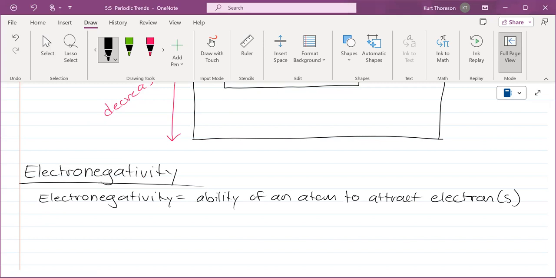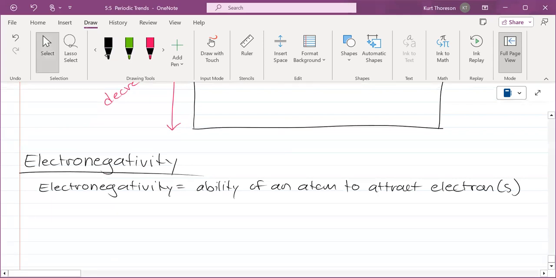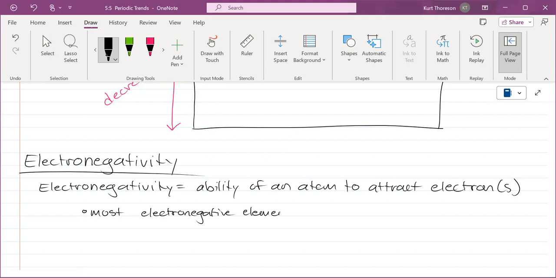Elements that give their electrons up have a very low electronegativity. Elements that are able to steal electrons from someone else, another atom, have a very high electronegativity. So the most electronegative element is fluorine. How would you describe fluorine on the periodic table?